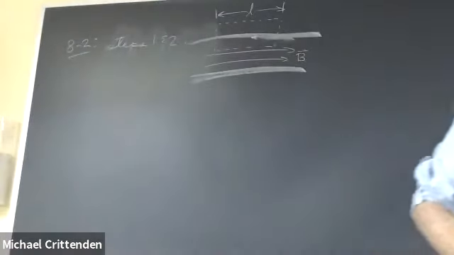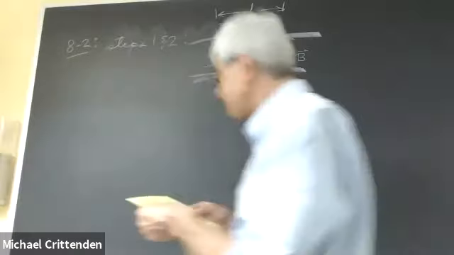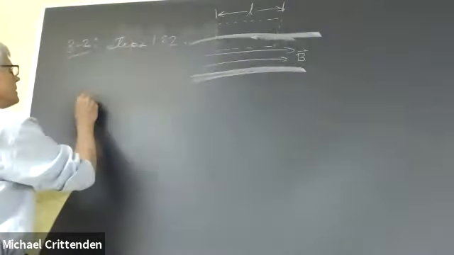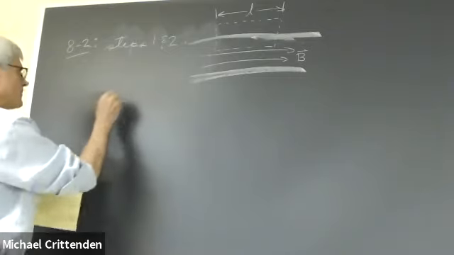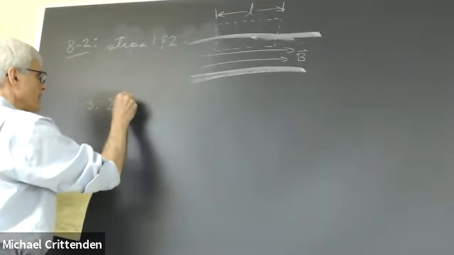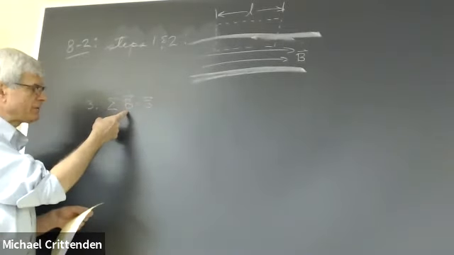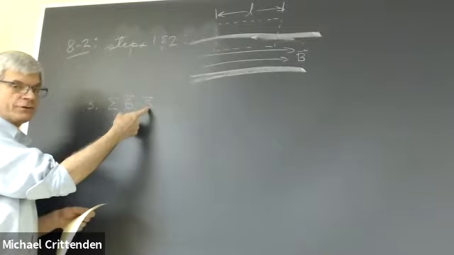Step 3, evaluate B dot s along the path, breaking the path into pieces if necessary, which in this case it would be. B is the magnetic field vector. s would be measured in meters.